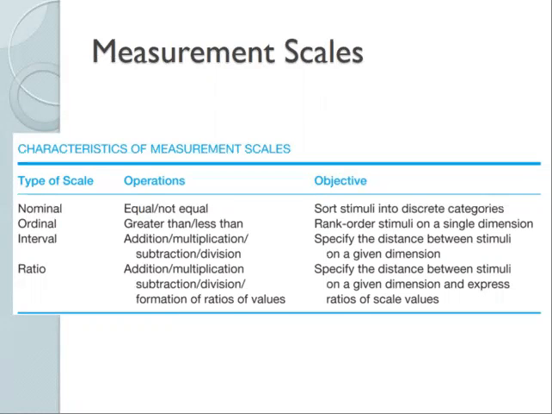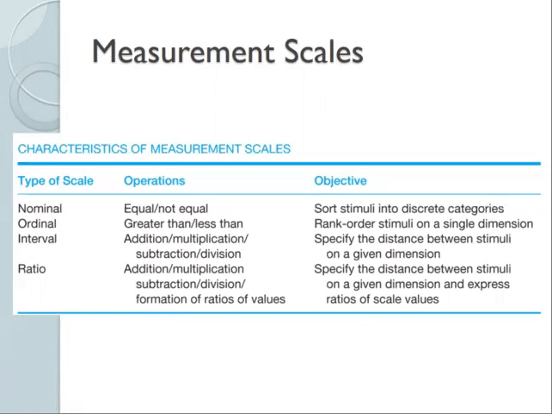If you're using an ordinal scale, you're rank ordering things on a single dimension. So of the 3 kids you observed, which one was the highest on aggression, then the next highest, and the third highest. If you're using an interval scale, you might specify a distance between stimuli on a given dimension. So rate the kid's aggression from 1 to 5.